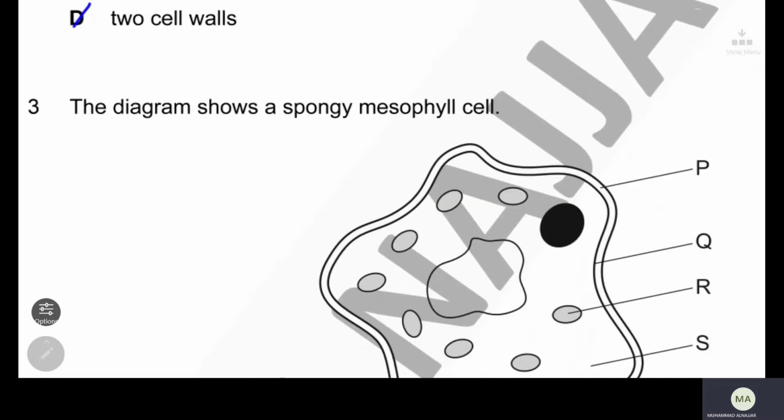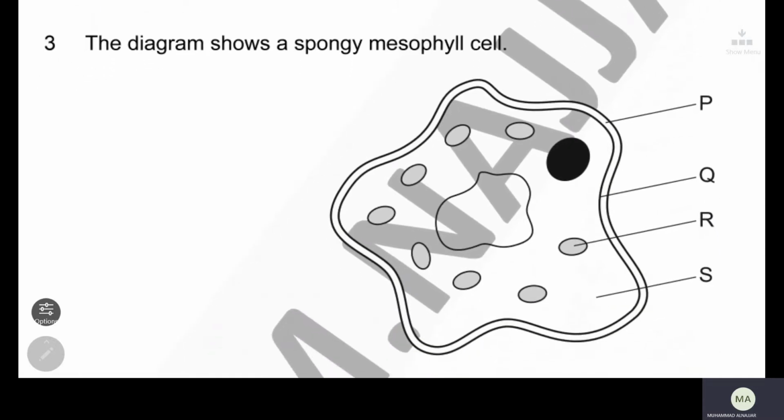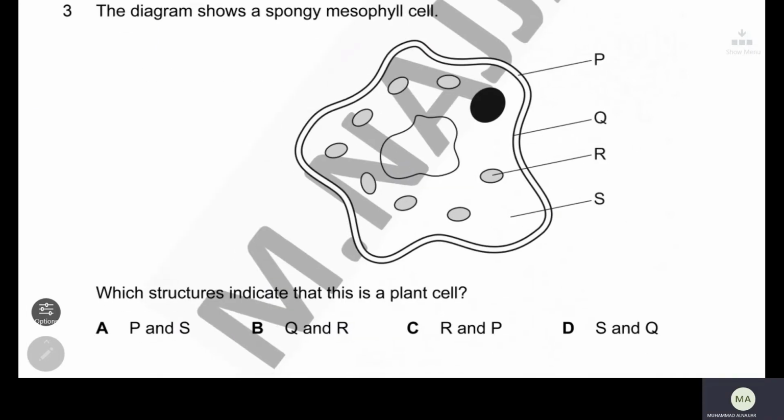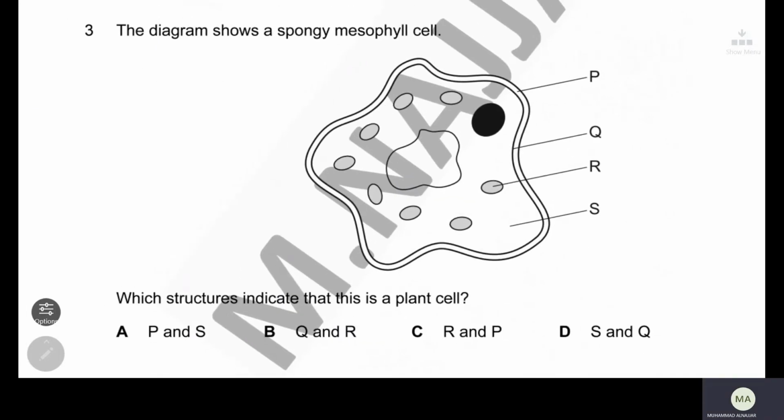Question number 3. The diagram shows a spongy mesophyll cell. Which structures indicate that this is a plant cell? A, P and S. B, Q and R. C, R and P. D, S and Q. My key tip, if you would like to answer such questions, is to label the diagram, and then the answer will come up automatically.